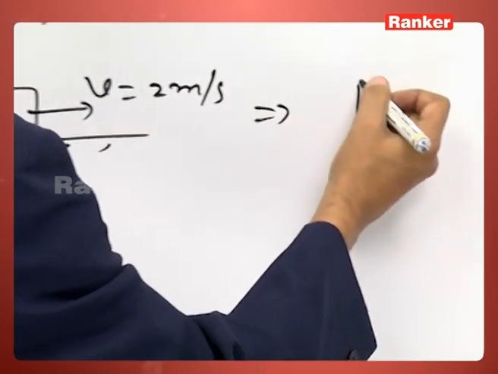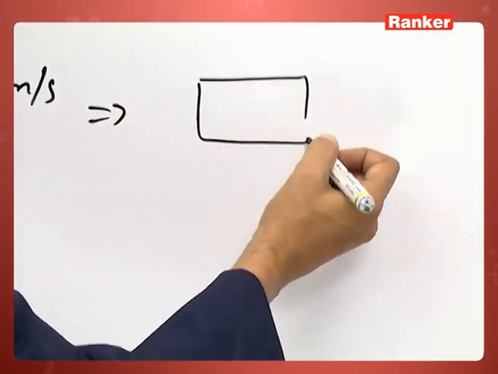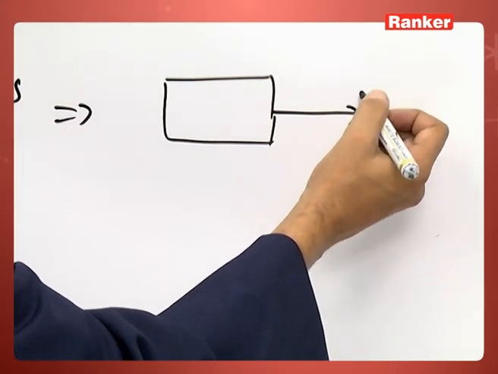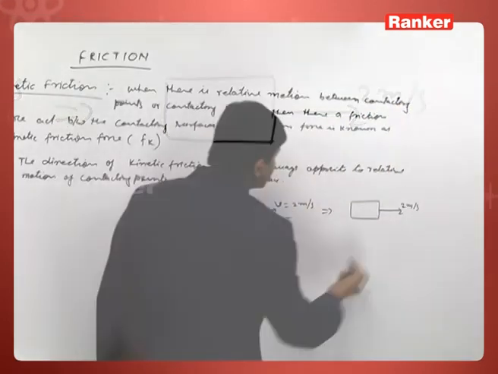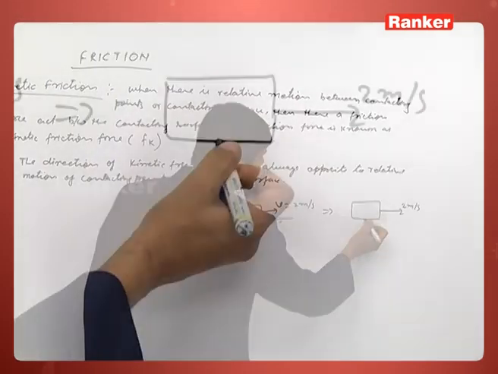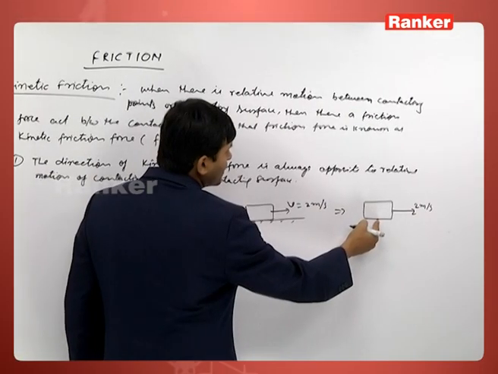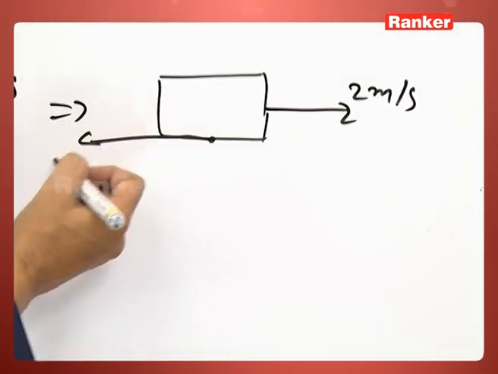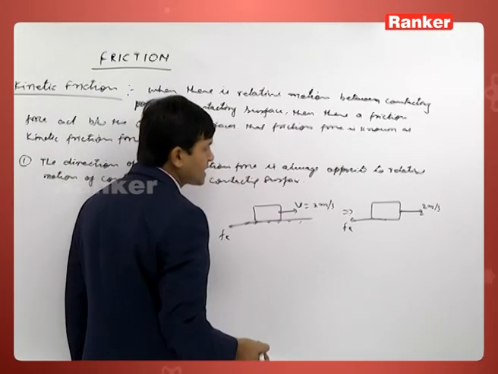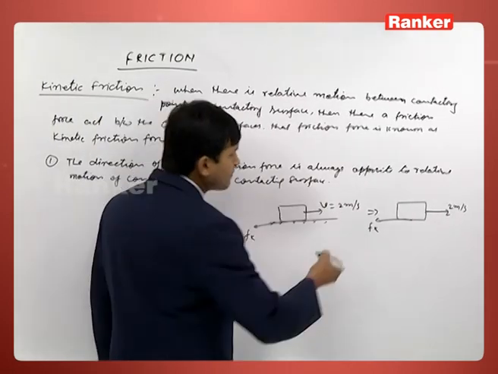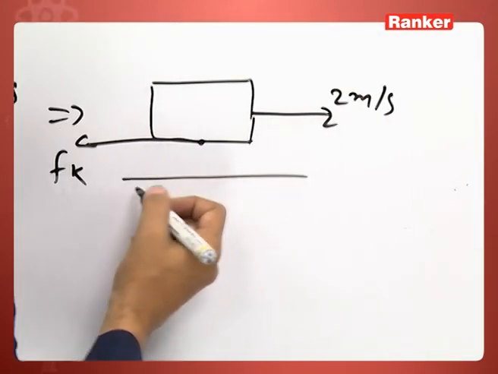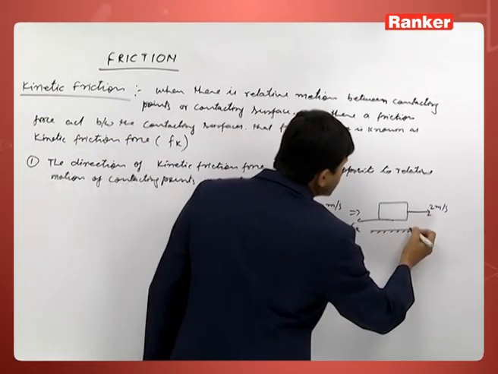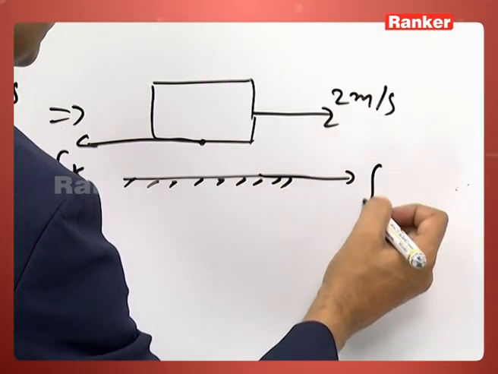If we make an FBD of this body, the contacting point moves in that side, so the friction force Fk is in this direction. And if we look at the surface, the friction is in this direction.